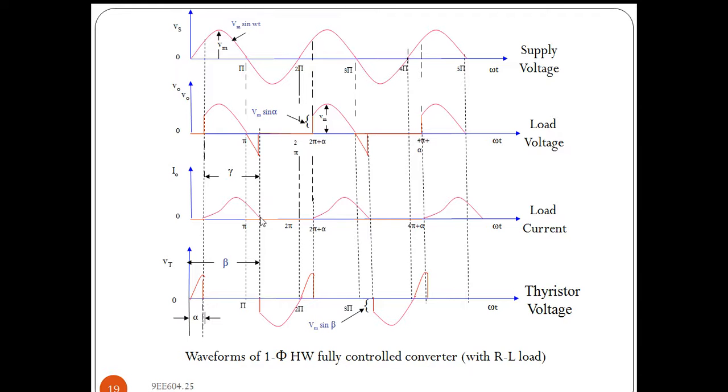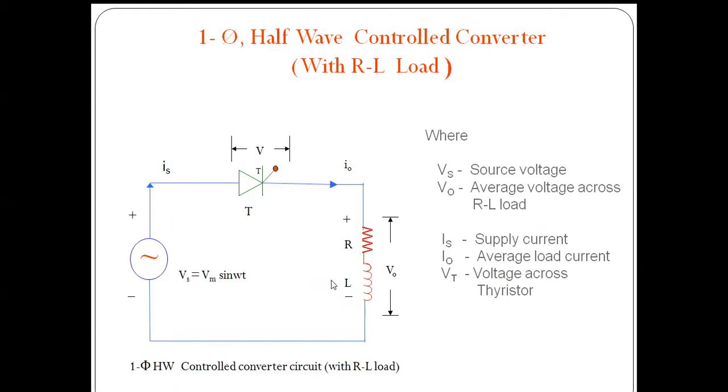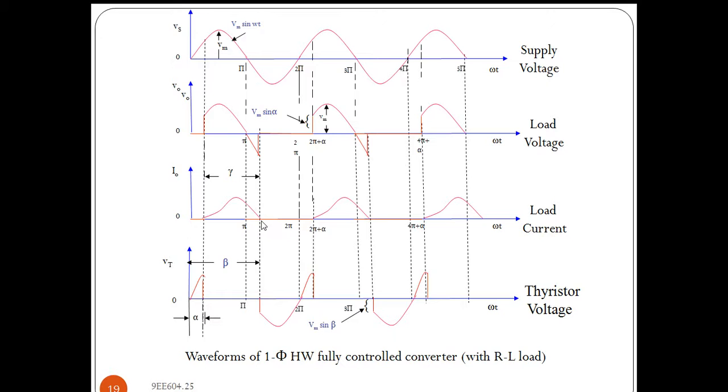The current will not become zero instantaneously, so it further circulates in the negative half cycle also for a small duration until the energy in the inductor reaches zero. So the current reaches zero at instant beta. When the current reaches zero, the output voltage in the negative direction also reaches zero.